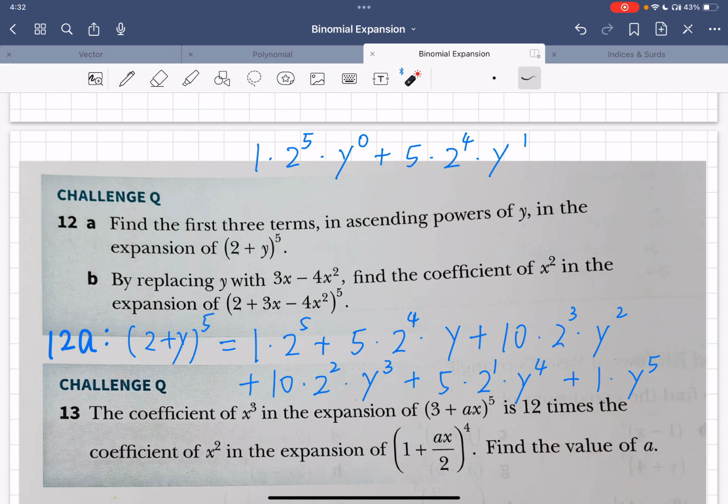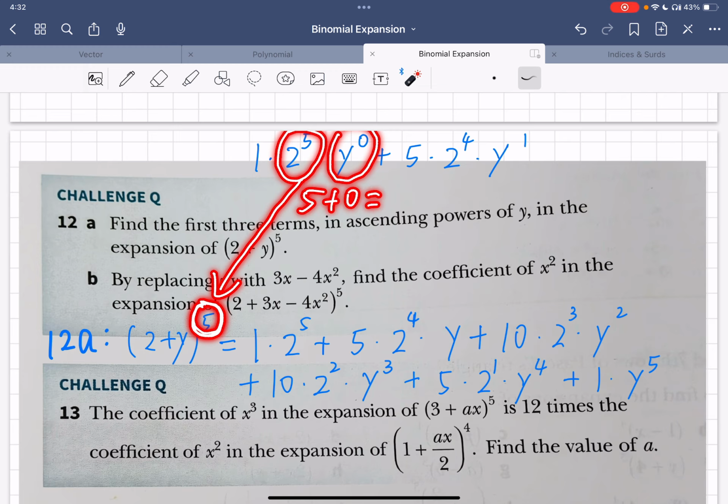So that means there is a way you can check whether each term you got is right. That is, add the first term's power with the second term's power, and check whether the sum equals n. n is the power for this bracket. It's 5 plus 0 equals 5, and 4 plus 1 equals 5.